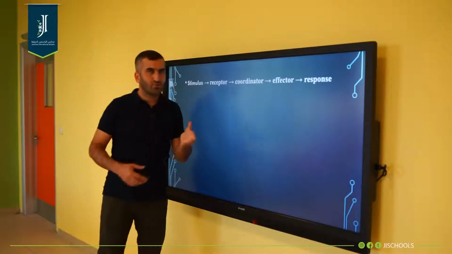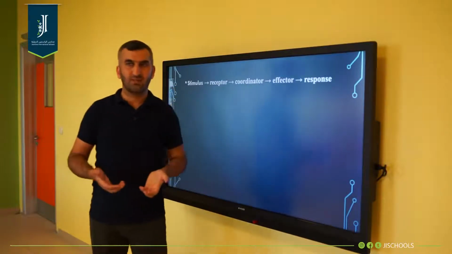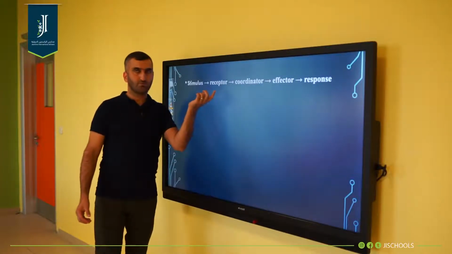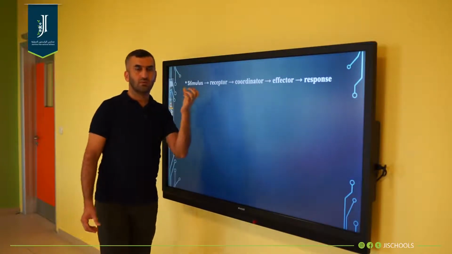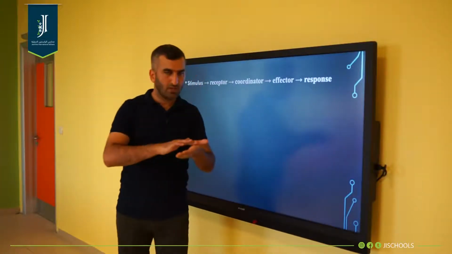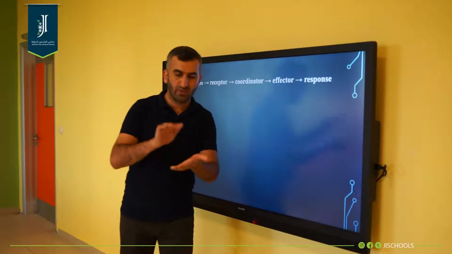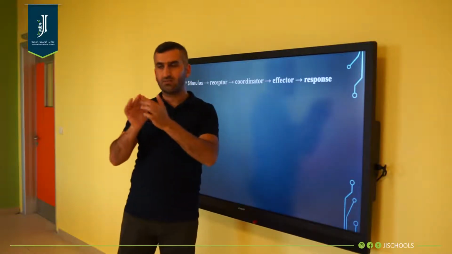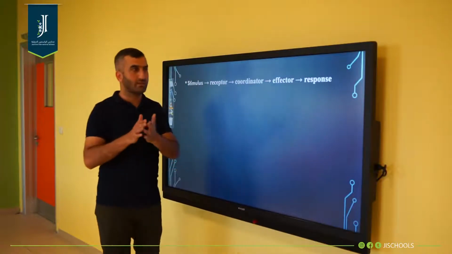Now, in order to detect these different stimuli, we should have receptors. Receptors like what? For example, for sensitivity, we can touch with our hands. When we touch, this is a kind of sensitivity which depends on receptors that are found in our fingers, for example.